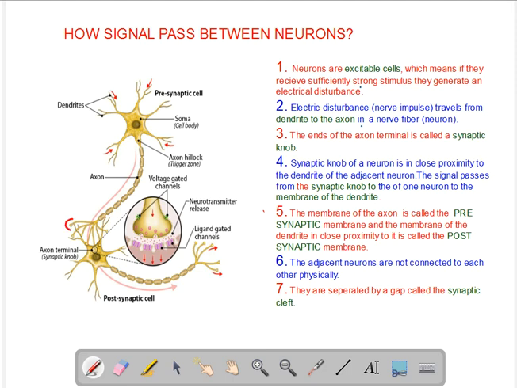And let me just circle one of those knobs. So this is a synaptic knob, and there are lots of them. Synaptic knob is sometimes also referred to as the synaptic button. So this is how a synaptic knob looks.